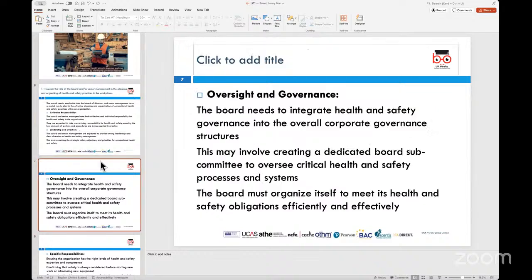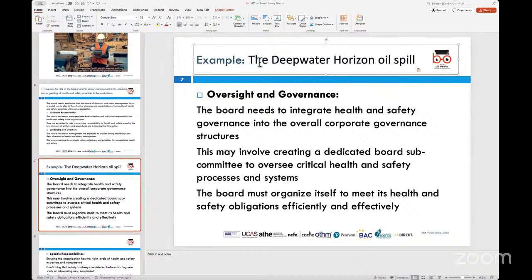Now, one of the things which I would also point out is an example of when management takes the responsibility. A couple of years back, and I don't know whether you recall, there was this disaster off the Gulf of Mexico, called the Deepwater Horizon oil spill, and it led to the two companies which were essentially working, BP and a local contractor of BP, which essentially could not manage the particular oil platform off the coast of the Gulf of Mexico, and it exploded.